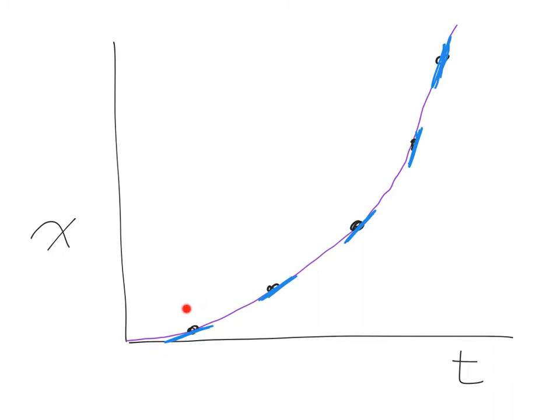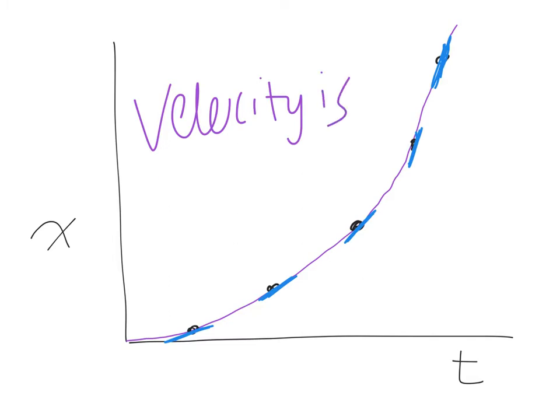This slope right here is a lot shallower than this slope right here. So a shallower slope means a slower velocity. A steeper slope means a faster velocity. From shallow to steep means that this velocity is increasing.